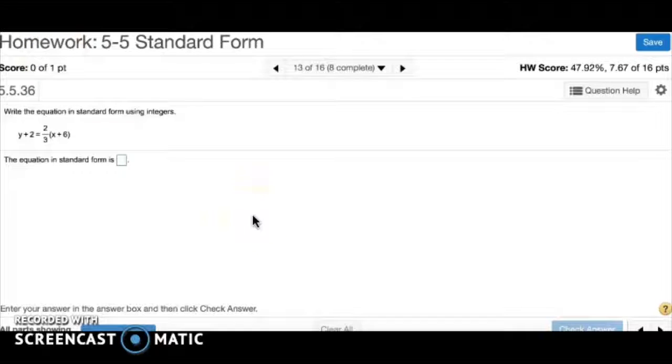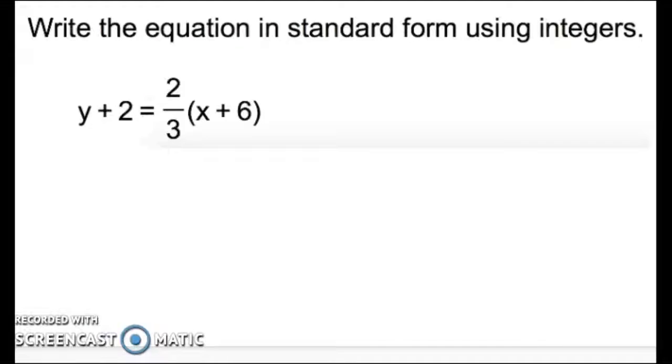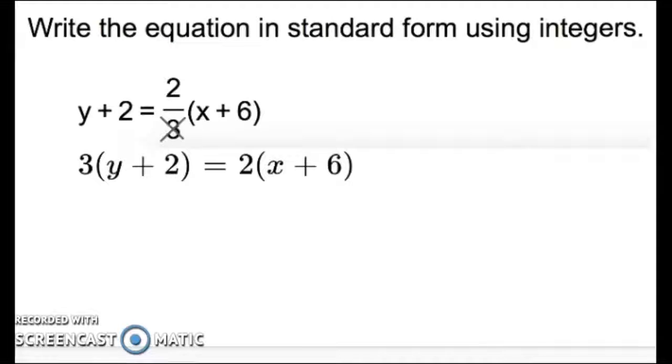13. Write the equation in standard form using integers. So the first thing we're going to do is get rid of the fraction. So cross the 3 out, bring it to the other side, and multiply it to y plus 2. So I have 3 in parentheses y plus 2 equaling 2 in parentheses x plus 6. Then I distribute on both sides.